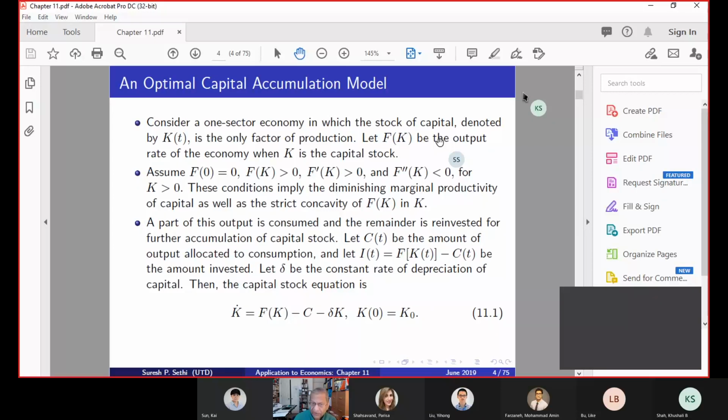The production function is output as a function of the capital. It is a usual assumption on the production function that F(0) equals 0: no capital, no output. With more capital there is some output, and this output is increasing as capital increases, with diminishing marginal returns on the capital. This is a standard assumption on a production function.